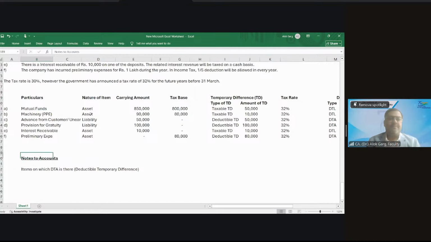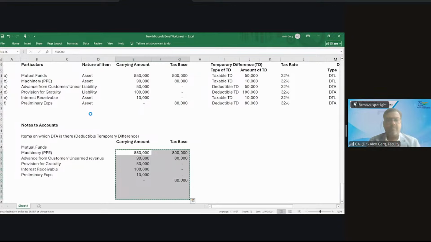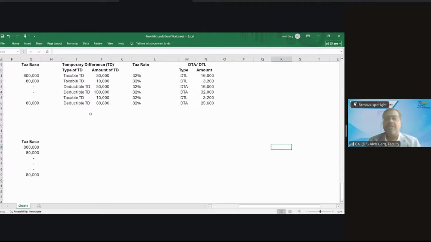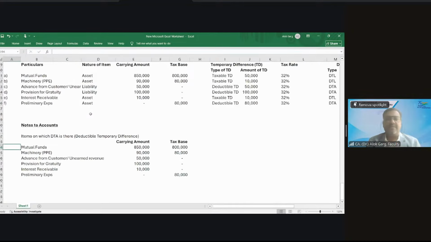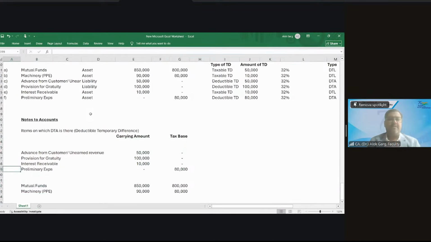On which item is DTA there? Advance from customer. On mutual fund, what is there? DTL. So DTL is there on item number 3, 4, and 6. So on these items, DTL is there.